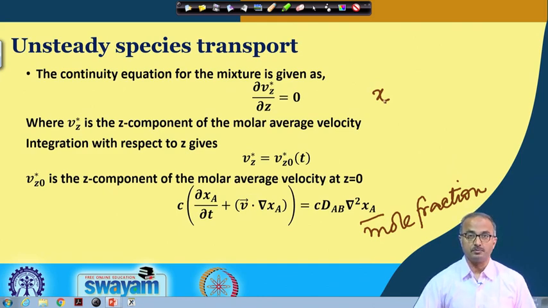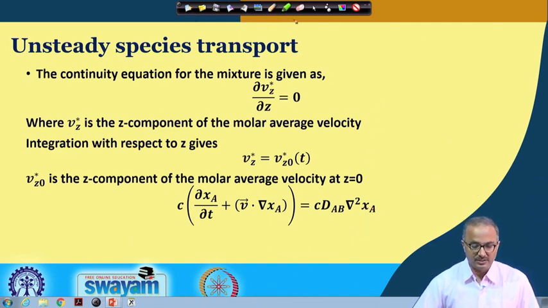Sometimes the mole fraction is also represented as Ya. Generally, when we talk of the gaseous phase we use Y, and when we talk about a liquid phase we use X. So these are some conventions.